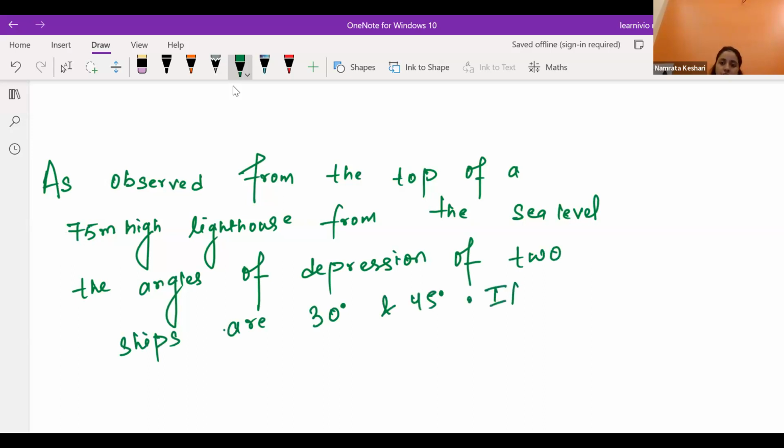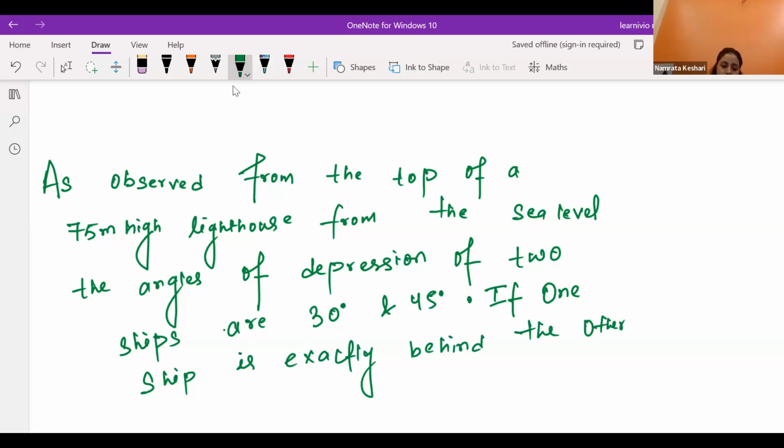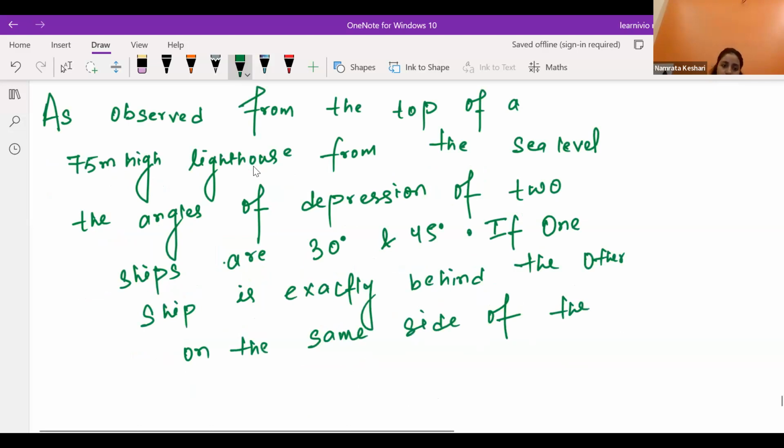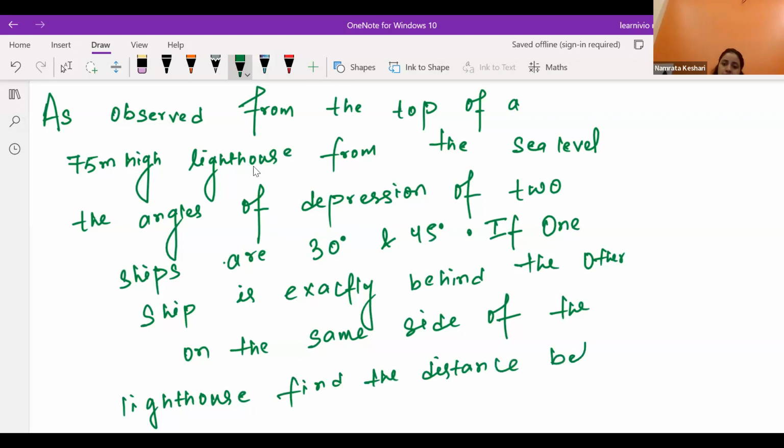If one ship is exactly behind the other on the same side of the lighthouse, find the distance between the two ships.